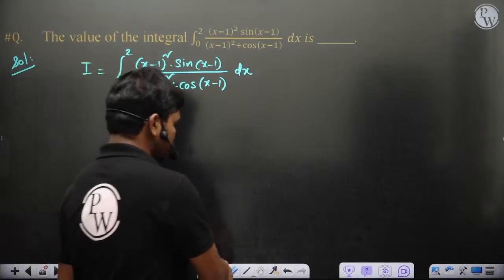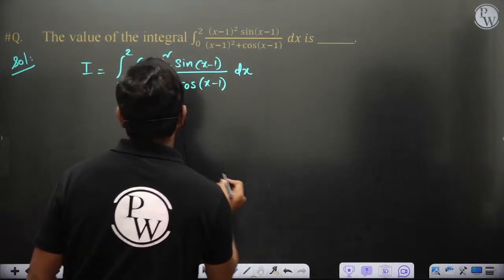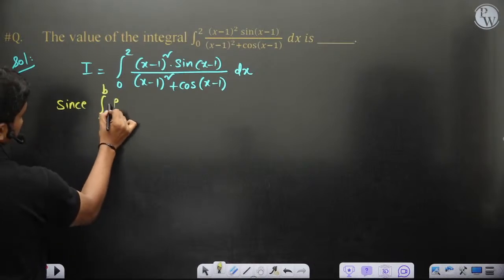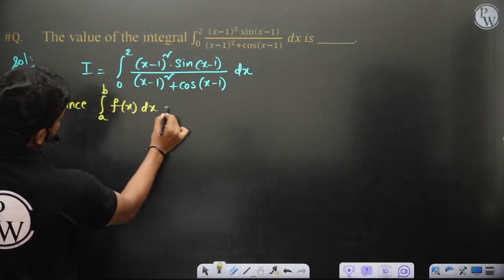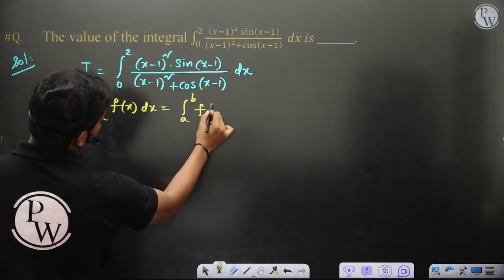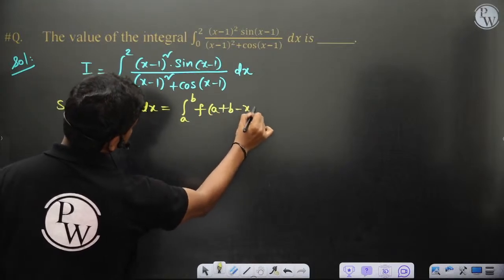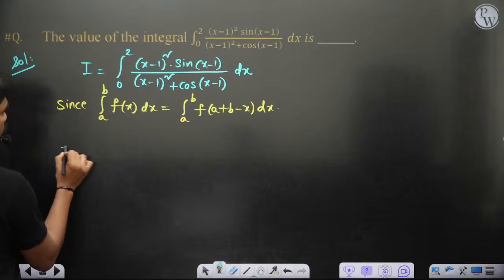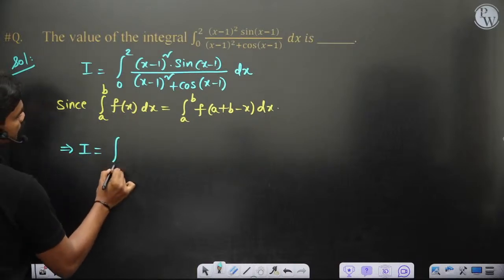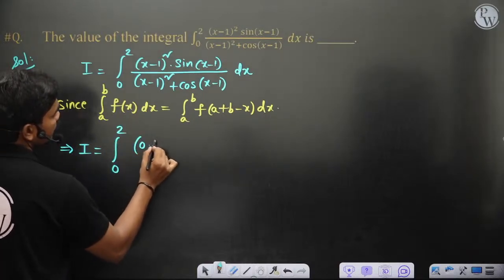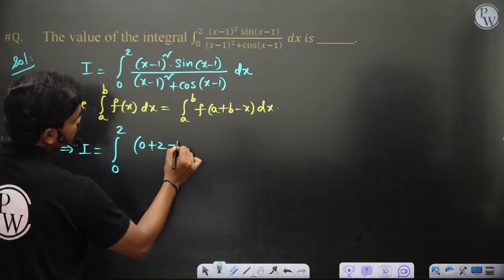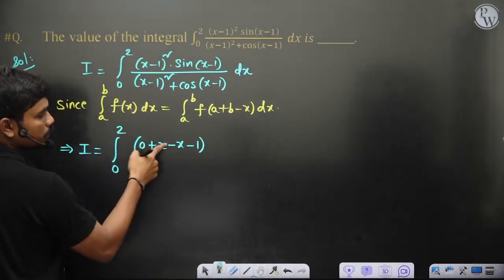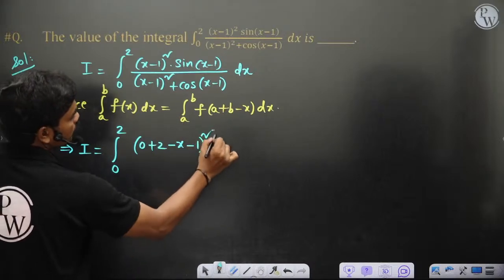Let's apply this property: since integral a to b f of x dx is equal to integral a to b f of (a plus b minus x) dx, of course, this implies I is equal to integral 0 to 2, with a plus b minus x in place of x, minus 1, of course. Because this x can be replaced with a plus b minus x, and this minus 1 is as usual.